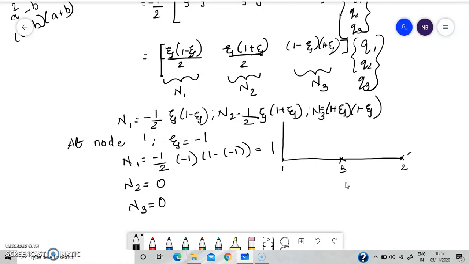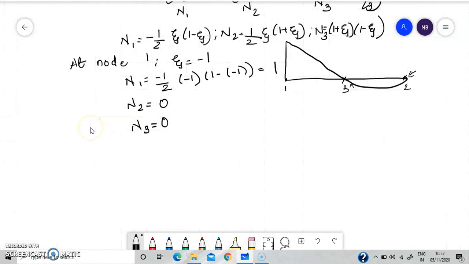Okay, this is node 2 and this is node 3, so it is 0. The equation that we have taken is alpha 1 plus alpha 2 zeta plus alpha 3 zeta square. So the variation will not be linear, but it will be parabolic like this.